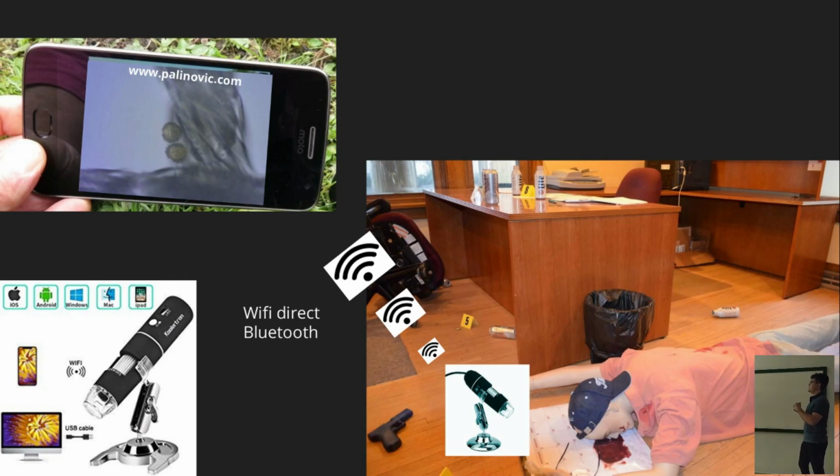So okay. But Palinovic is trying to achieve this type of element. The portable microscope to see the pollen grains with a spray and transmit it with Wi-Fi Direct or with Bluetooth to our software, www.palinovic.com.